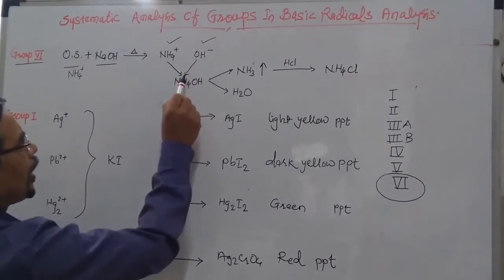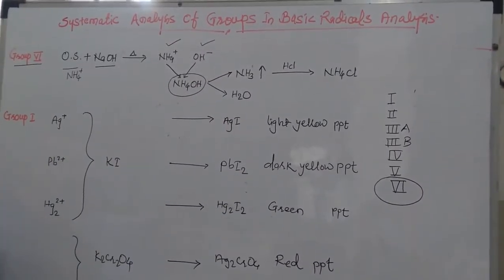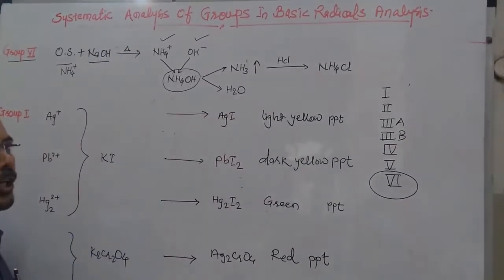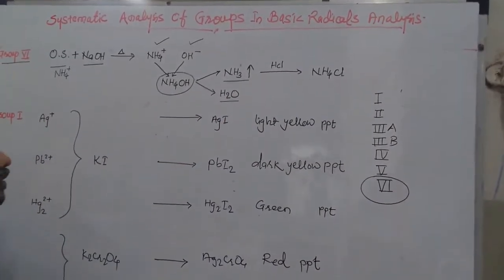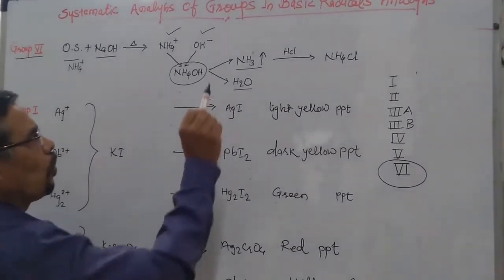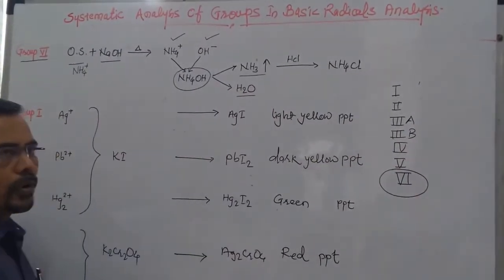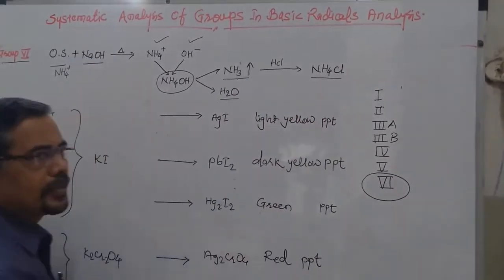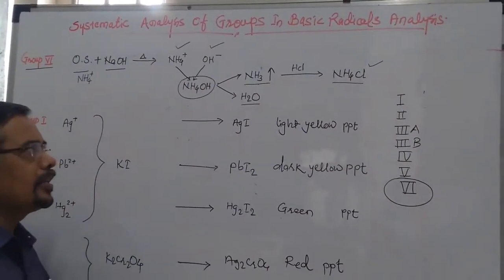These ions combine to give NH4OH, that is ammonium hydroxide. This NH4OH further dissociates into NH3 gas and H2O. When a glass rod dipped in HCl solution is held over the test tube containing NH3 and H2O, the NH3 forms NH4Cl fumes, and we know NH4Cl is a sublimating substance.